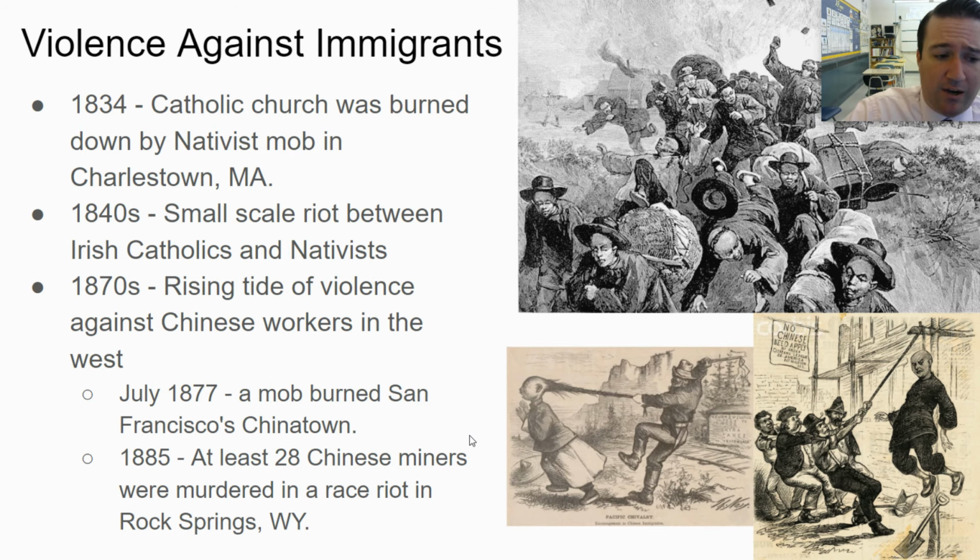But there were a bunch of Irish workers who, for whatever reason, whether competition for jobs or a lack of cultural understanding between the two, and there are a lot of factors that probably played a role, essentially attacked the Chinese work camp and murdered at least 28. So it was a race riot that saw 28 Chinese migrants murdered as a result.